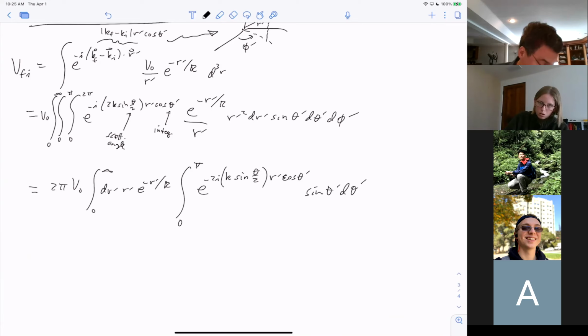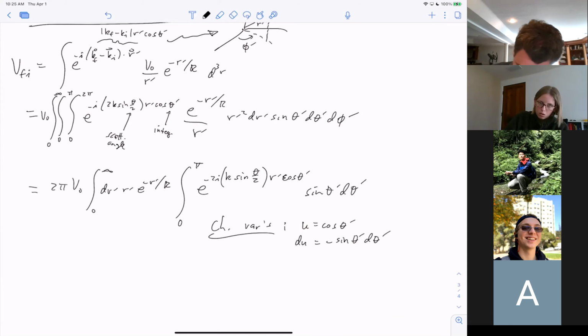But now you do a change of variables, and then it becomes easy. So now you say u is equal to cos theta prime, and so du is equal to negative sine theta prime d theta prime.